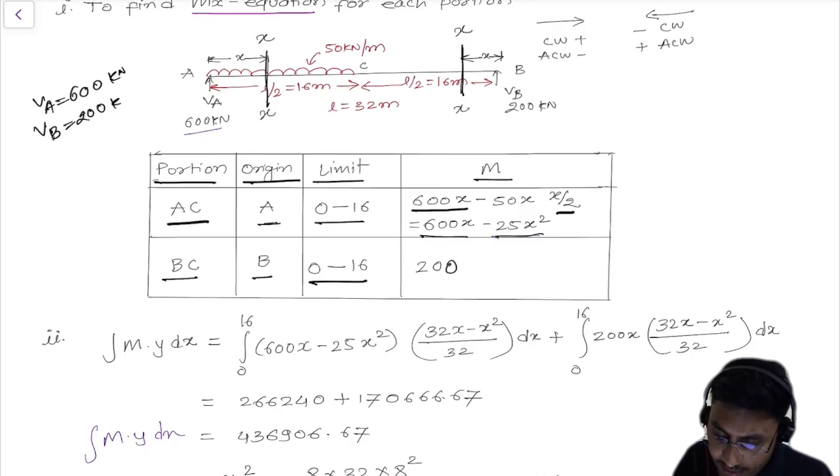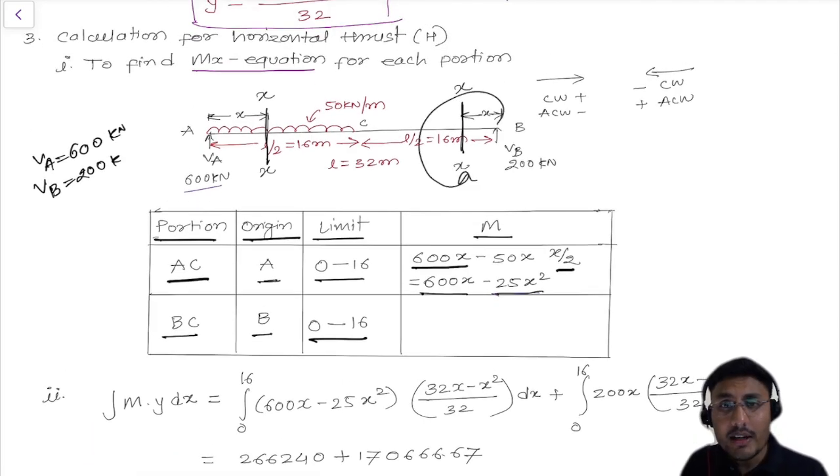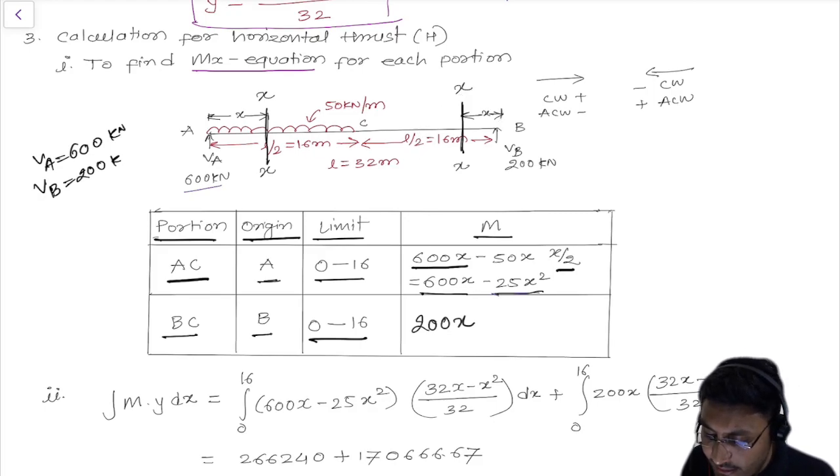So this will act like this. Here the anti-clockwise rotation becomes positive, so it will be 200 of x, right? That's it, because there is no more load over there, so only 200 into x. Correct? So this is clear.